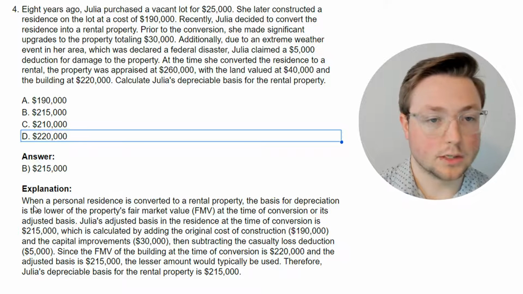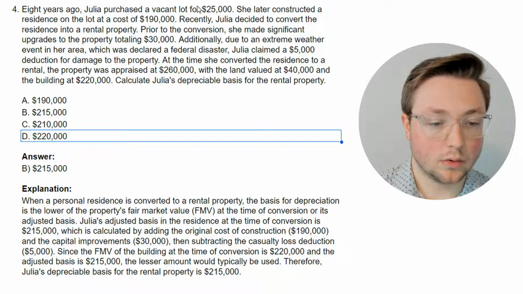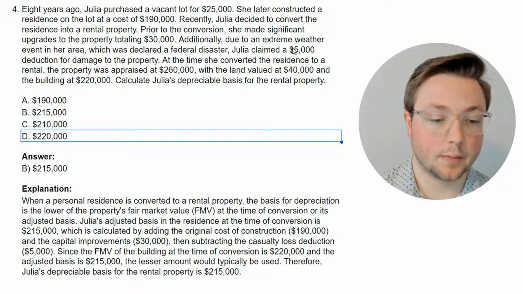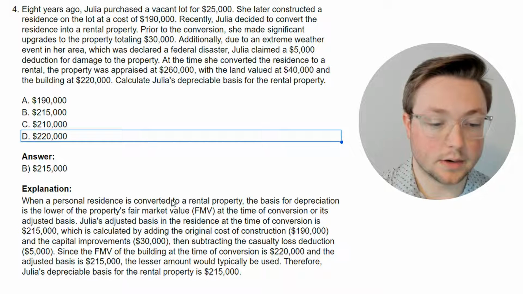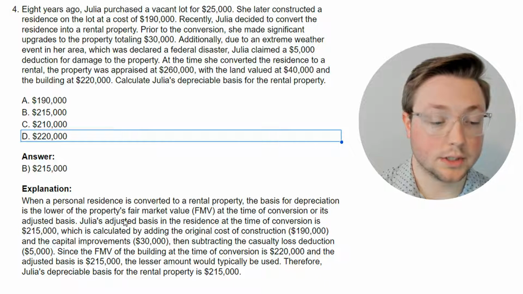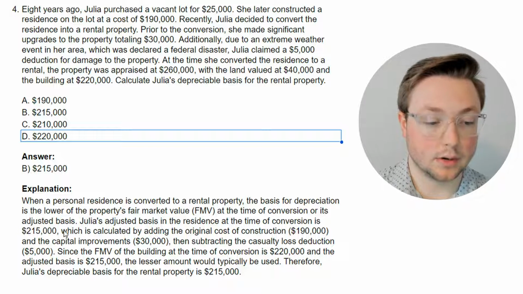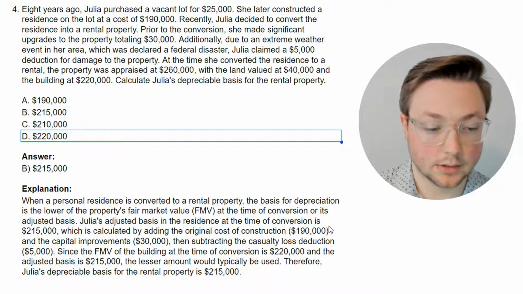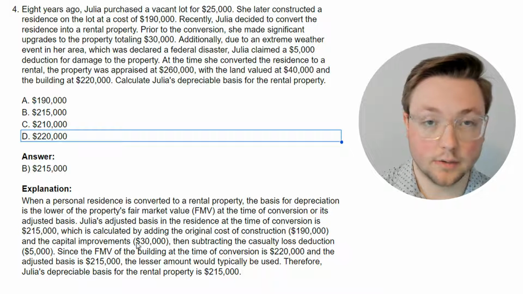All right. So we know the general idea of what we've learned. It's the lesser of the original cost or the fair market value, but let's see what goes into the original cost. When a personal residence is converted to a rental property, the basis for depreciation is the lower of the property's fair market value at the time of conversion or its adjusted basis. So we know that, we've learned that. Julia's adjusted basis in the residence at the time of conversion is $215,000, which is calculated by adding the original cost of construction, so $190,000, and the capital improvements of $30,000.